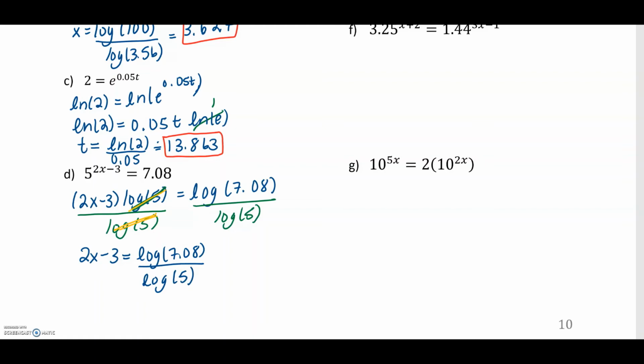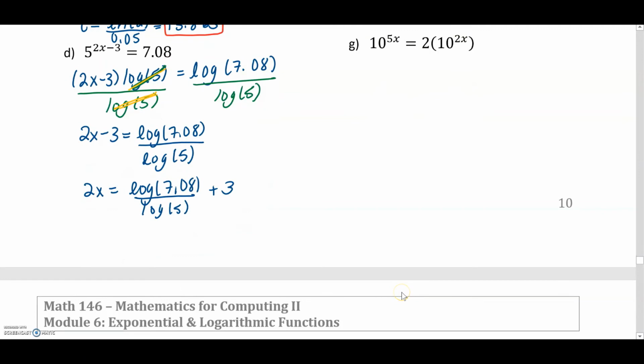So to solve for x, we bring the 3 to the other side of the equation, by adding 3 to both sides. And last but not least, we divide the entire equation, on both sides, by 2.